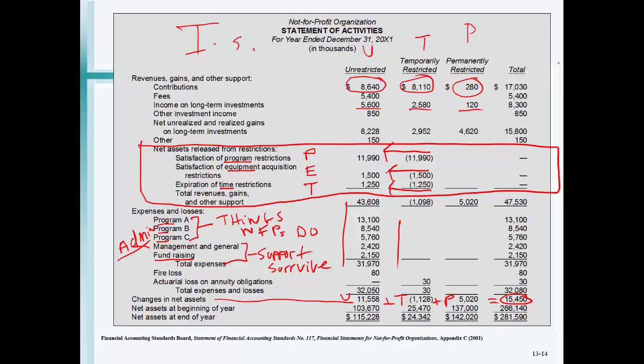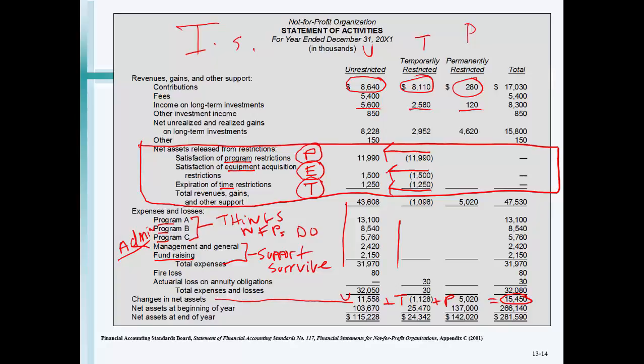They've shown it for 3 different activities of the not-for-profit that resulted in the release of the restriction: a program, like research in cancer, equipment acquisition, and time. Aren't those the 3 ways that we satisfy the restriction, like we said earlier?